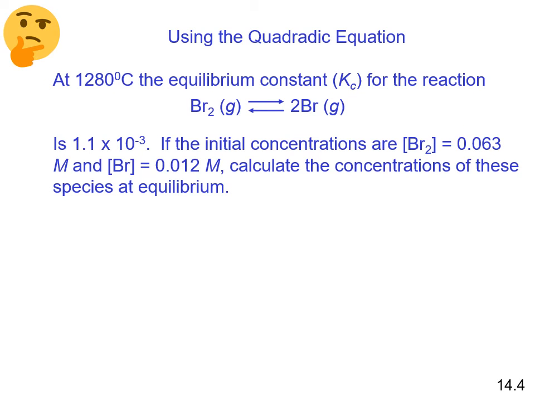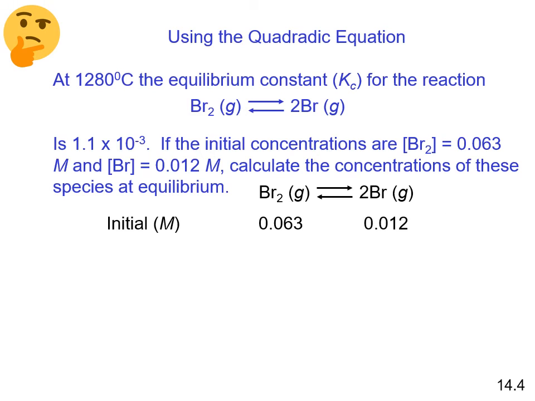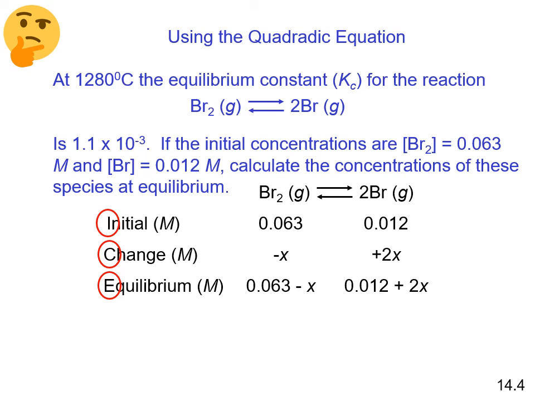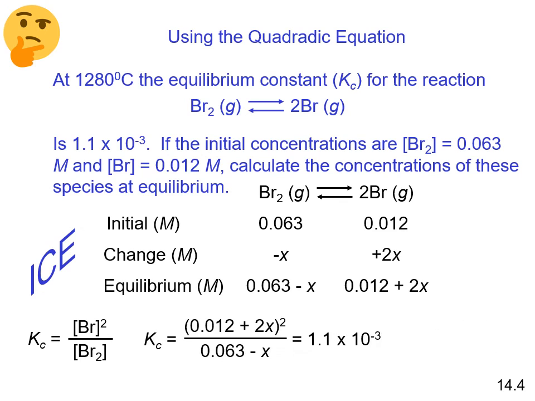Now, here is one where we need to use a quadratic equation. Let's see why. So we are going to set up my ICE chart, and then we are going to have our equilibrium expression, and we are going to plug it in.